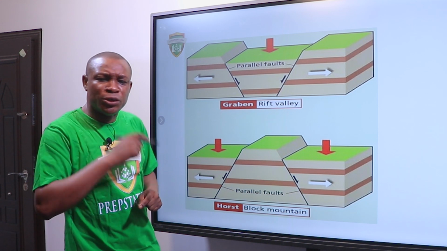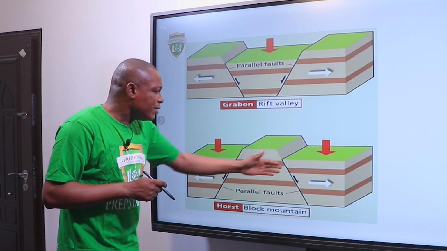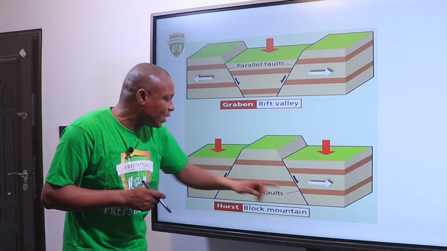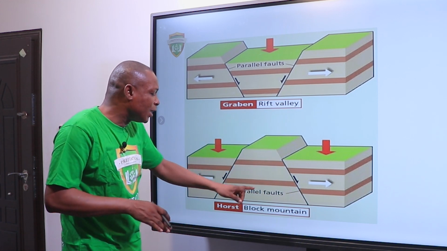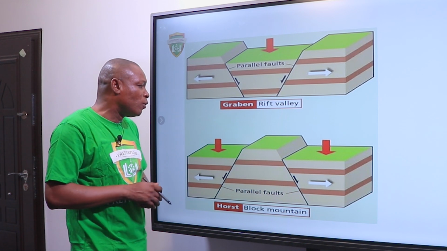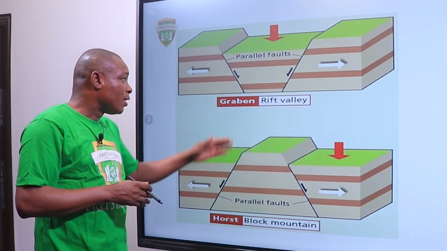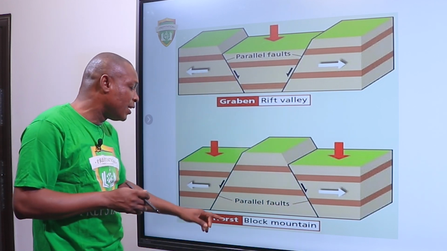But if it happens the other way around, that in this fault line, the left side and the right side will subside, leaving the middle side upstanding, that type is what we call the horst. The side that will come down is the graben, and the side that will go up is the horst.